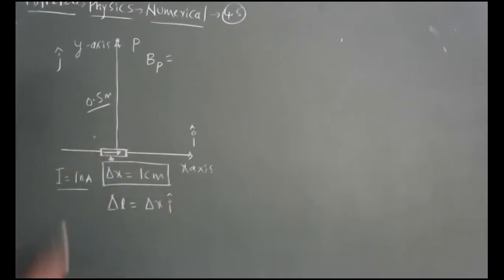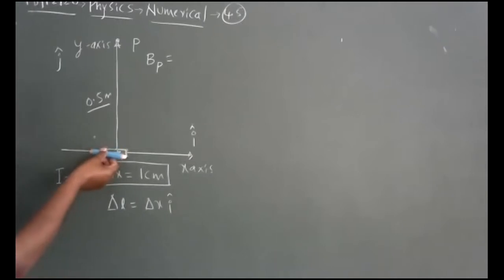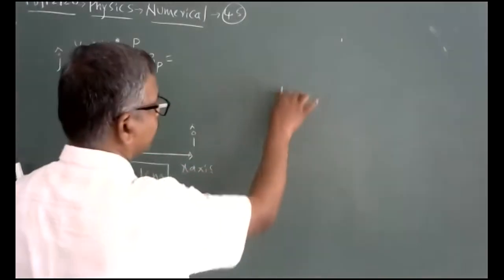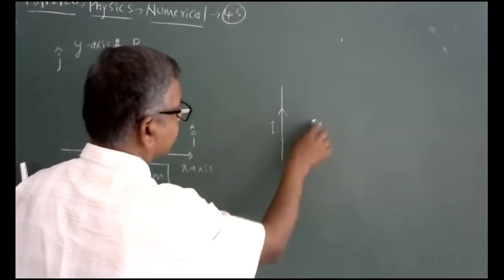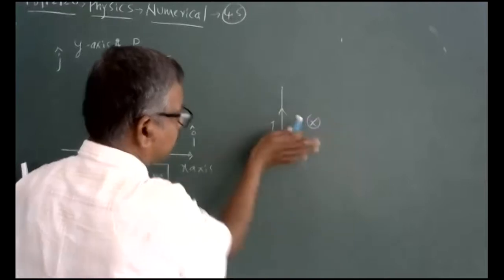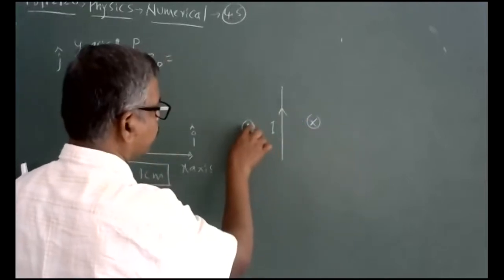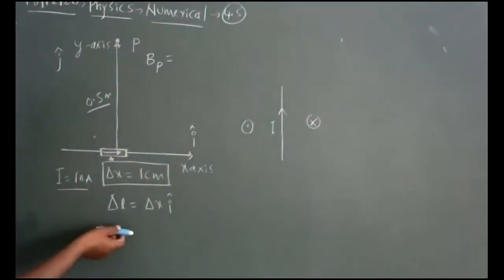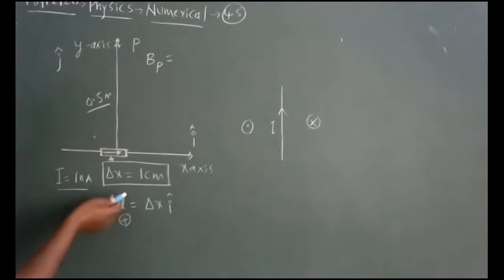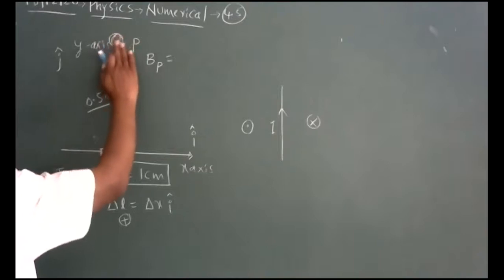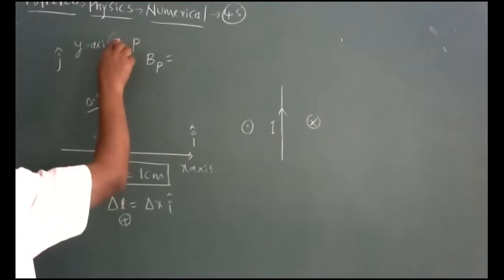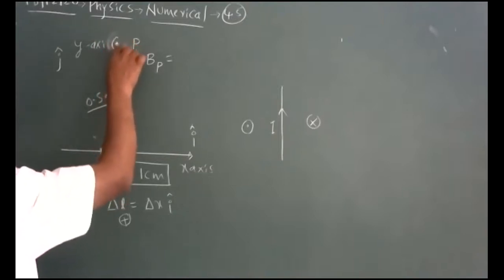It is along the x-axis. Think the wire is here. If current is I flowing to the right, on the right side of this wire it is a cross, and on the left side it is a dot. So the magnetic field here is a dot, and a dot indicates it is coming out.